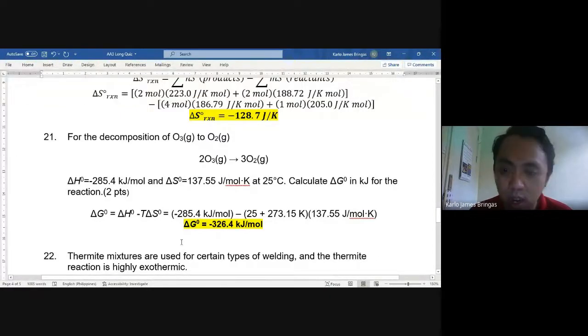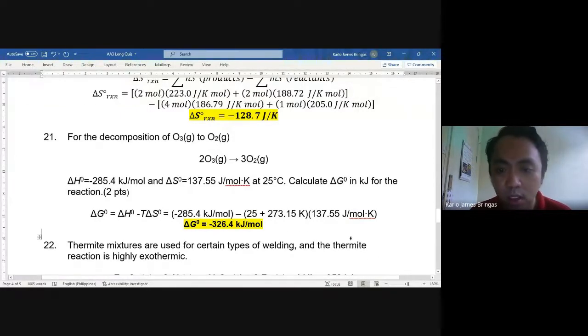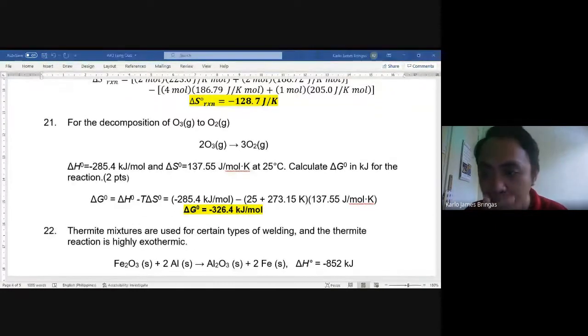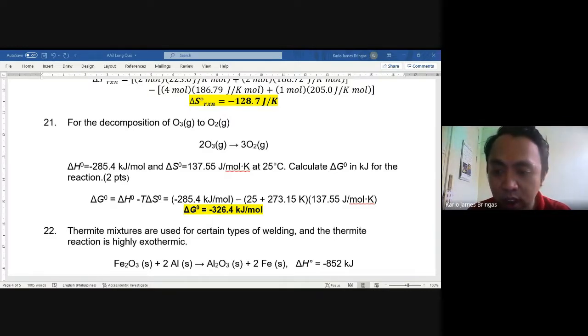Number 21 is a little bit direct to the point. Unless there are any questions on how we answered number 21? Questions on number 21? If there's none, very quickly lang talaga guys, so that we don't have to meet later on.